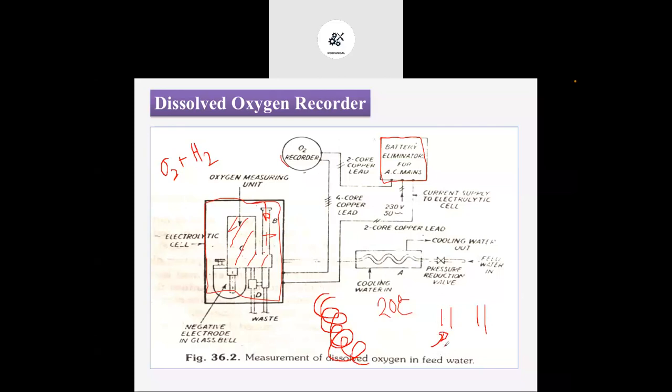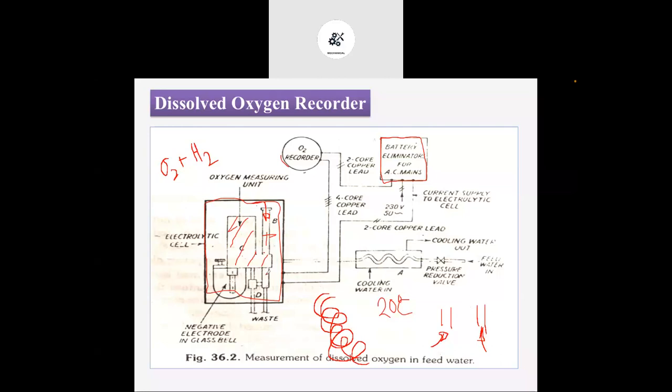Now, on one side, for two strips, we introduce pure hydrogen gas, and for the remaining two strips, we introduce the mixture of hydrogen and oxygen.